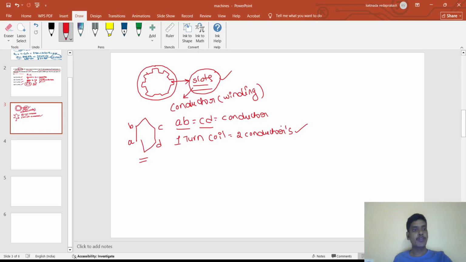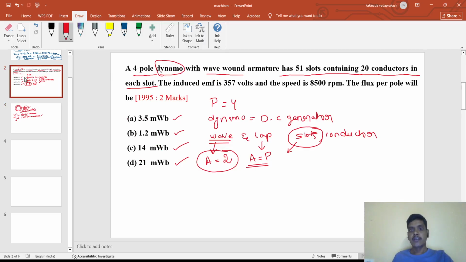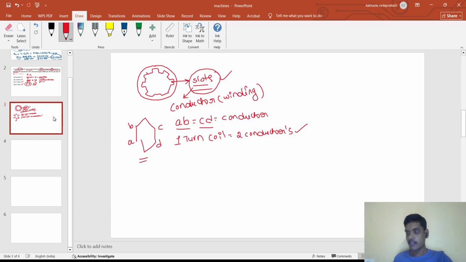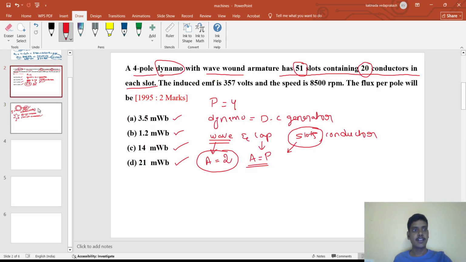Now what they have provided here: we have 51 slots, and each slot has 20 conductors.